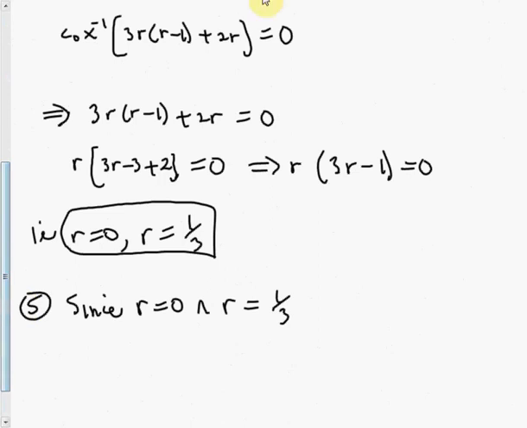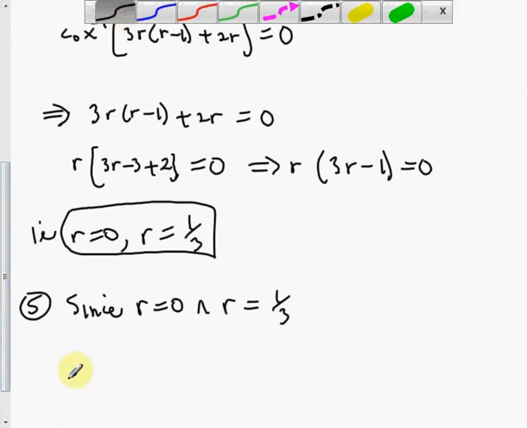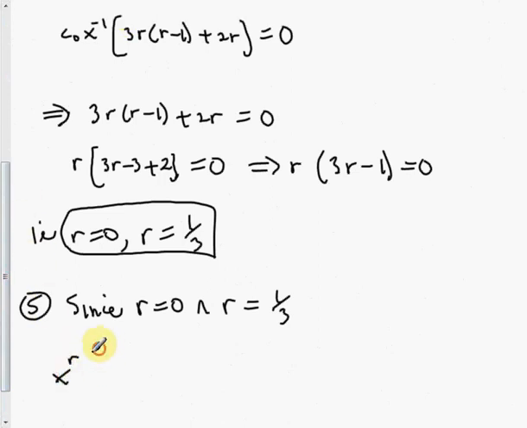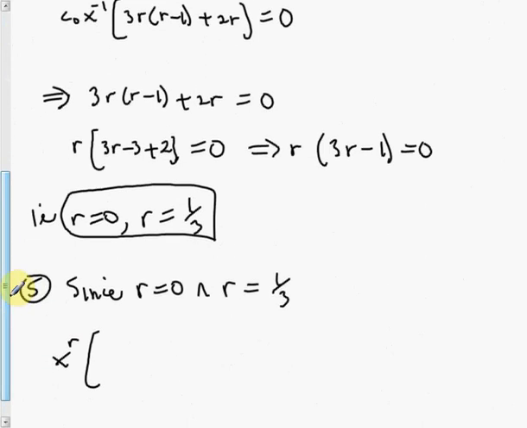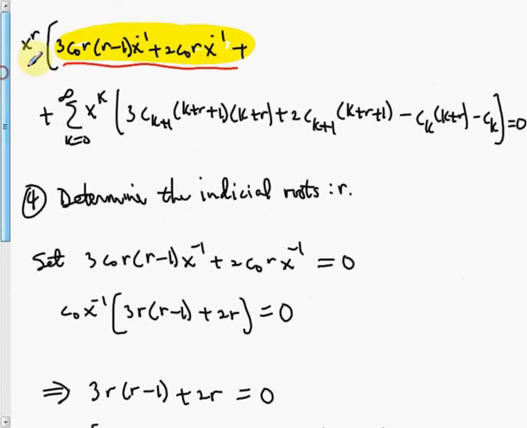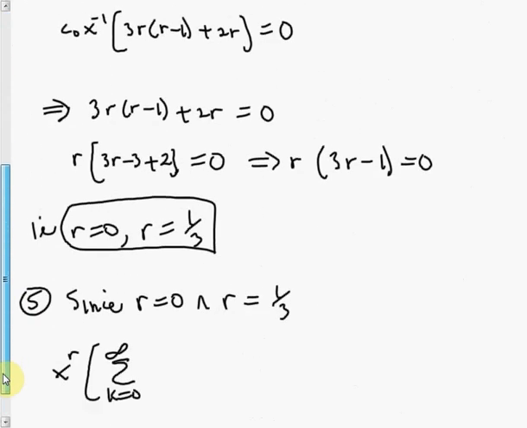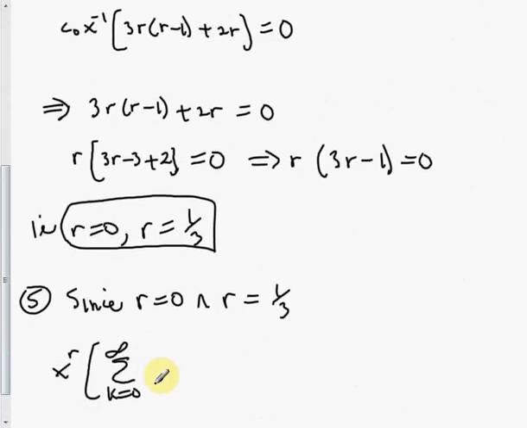So for step number 5, we have x to the r times the brackets, that one summation now, as k goes from 0 to infinity. Since I've determined the values for r, I can just write the summation here starting at that point. We factored out that x to the k.